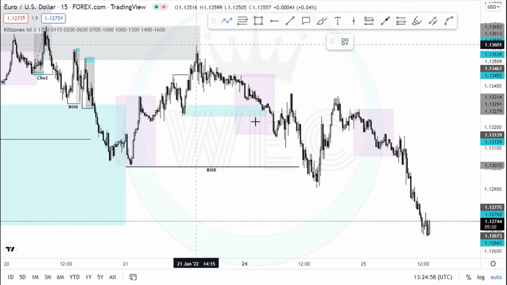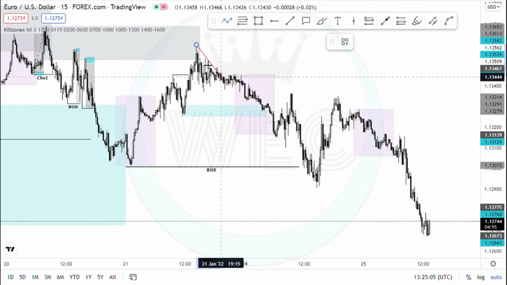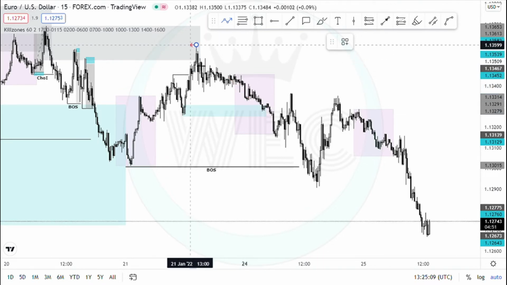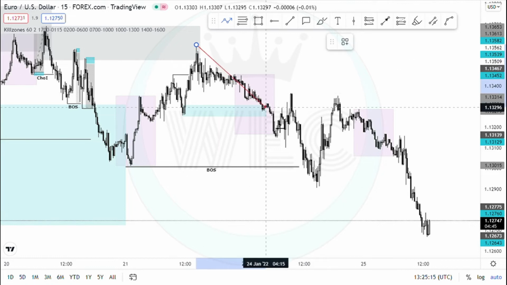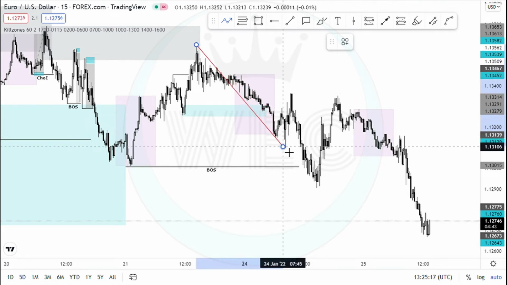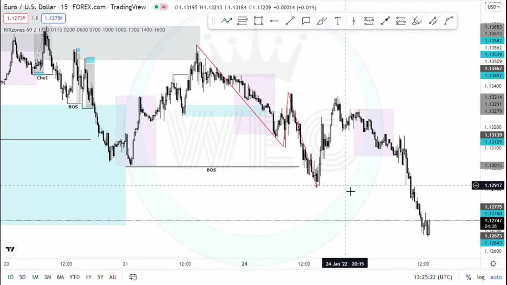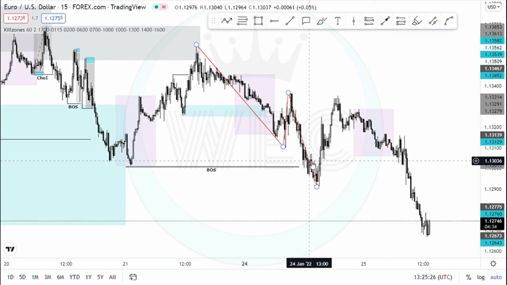I was looking at this point of demand of the 15-minute time frame for buys, and I also gave them notice that price is coming from a 1 hour zone. So this was my recent 15-minute swing that I was working in.